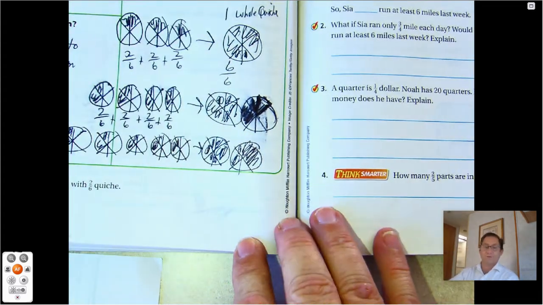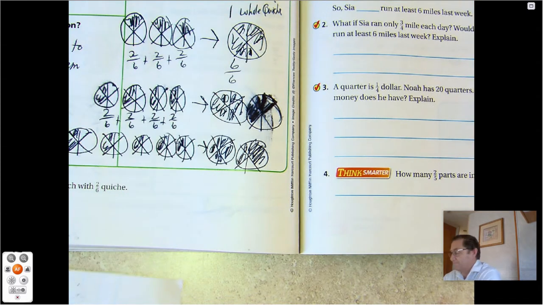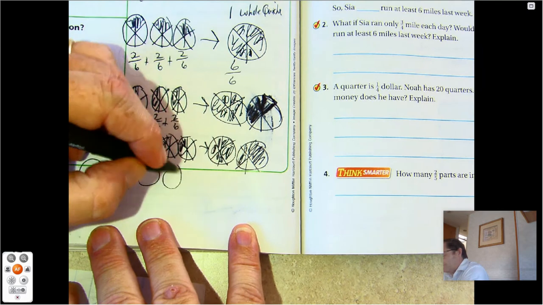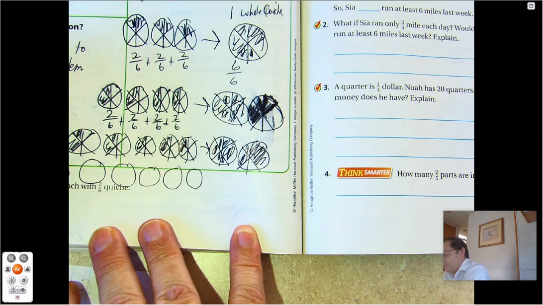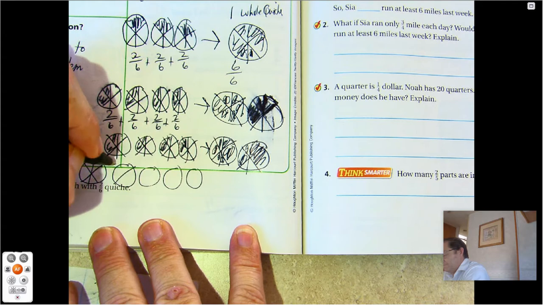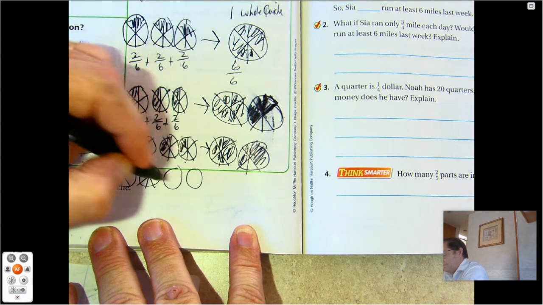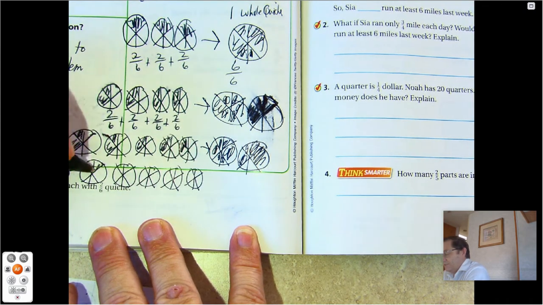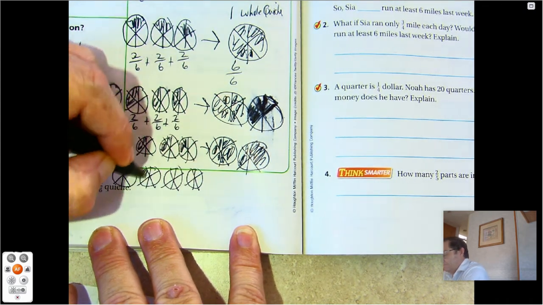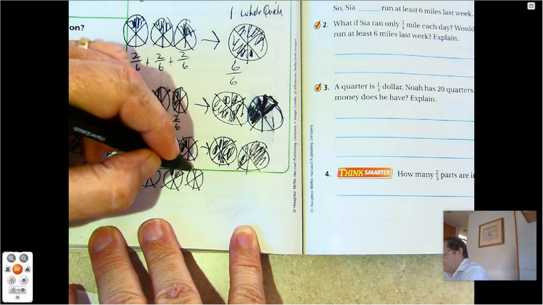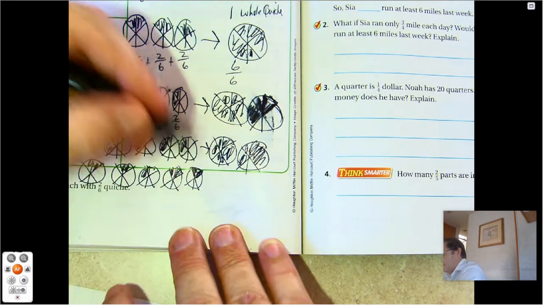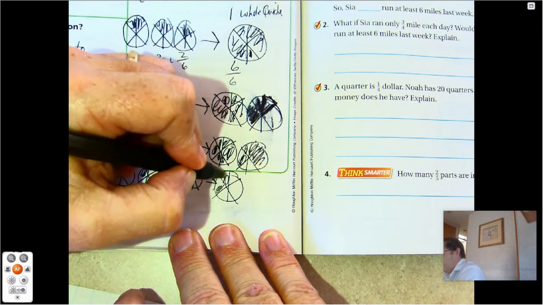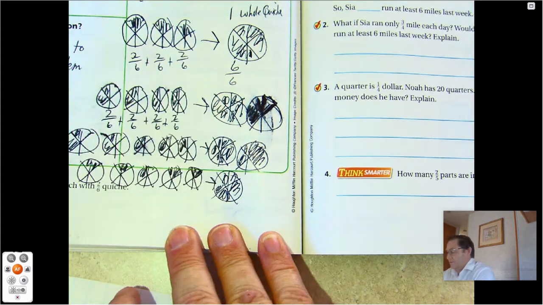All right. We still don't have 2 whole quiches. So let's add 1 more dish. Now we have 6 dishes. And every dish has 2/6. Okay, there's 6 in that one.